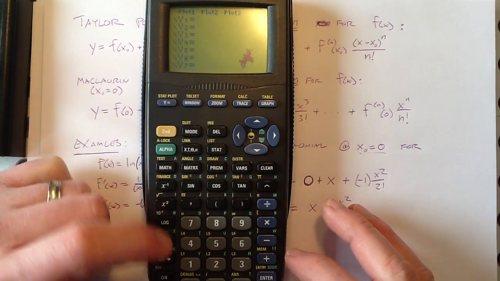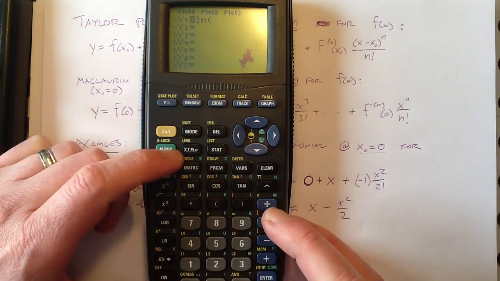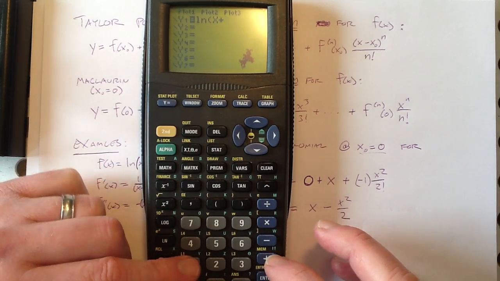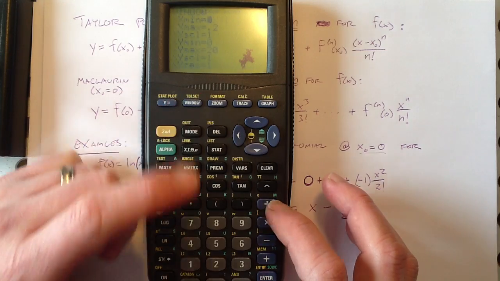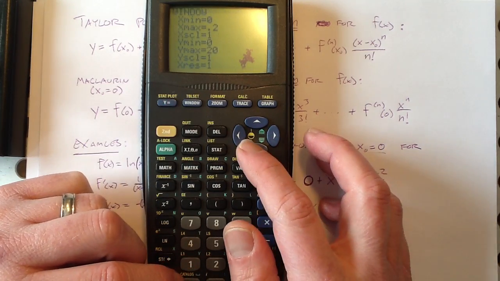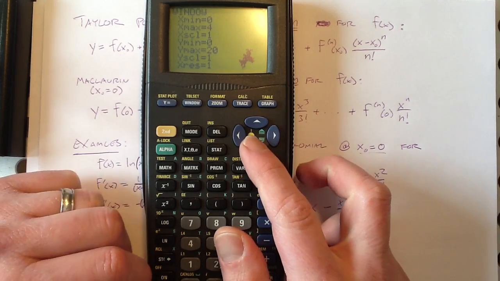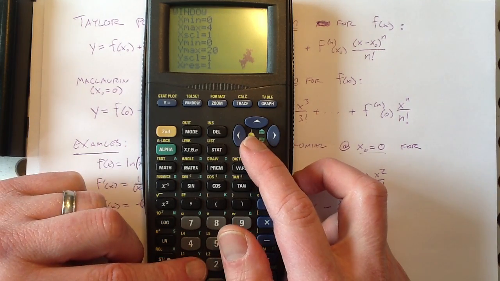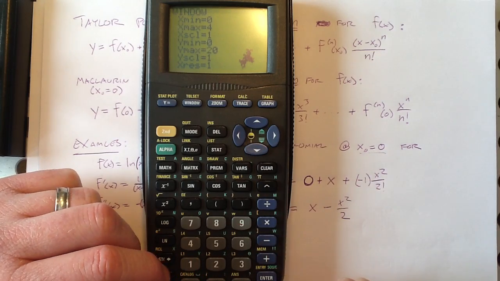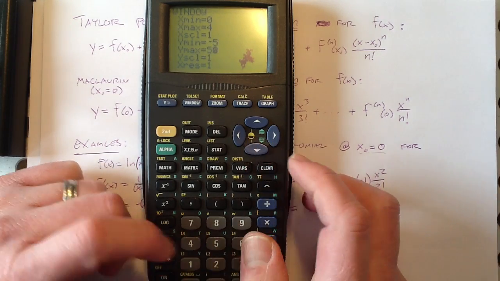Well, let's look at the function, the natural log of x plus 1. And I'm going to look at it in the window. Since it's not defined for negative values, let's go 0 to 4, say, and the y scale at negative 5 to 5.